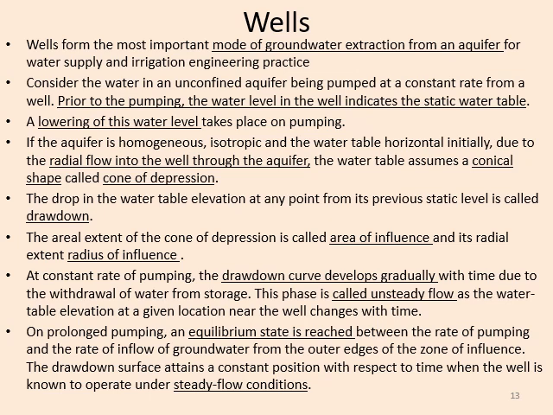In this case, the water table will be in the shape of a cone, which is known as the cone of depression. Depression means down, a decrease in the water level. So it will create a cone of depression.